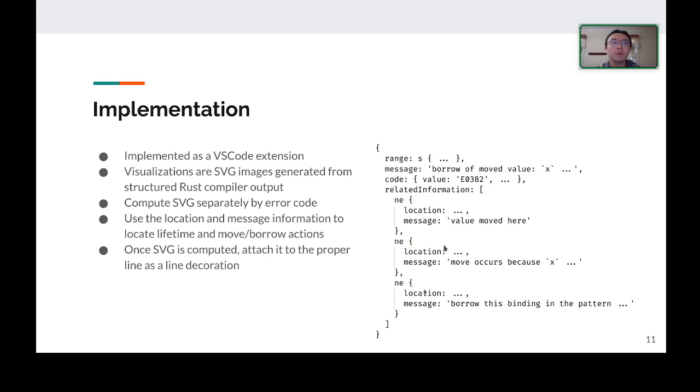When we get the output, we first look at the error code shown here. And if this is a supported error code, we will use the location and message information to locate the lifetime start and end points and the move and borrow actions. Once we compute the SVG image, we attach it to the proper line as a line decoration.